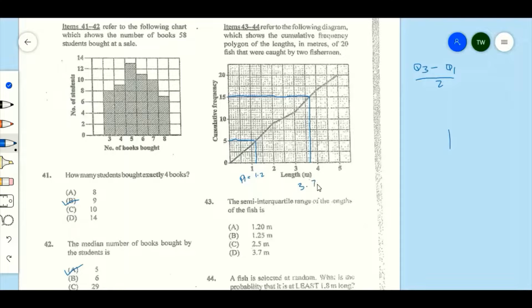So Q3 is about 3.7, right? So 3.7 minus 1.2.